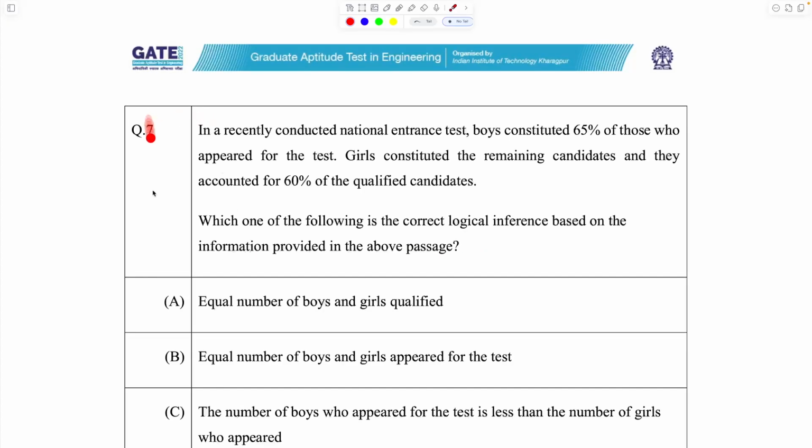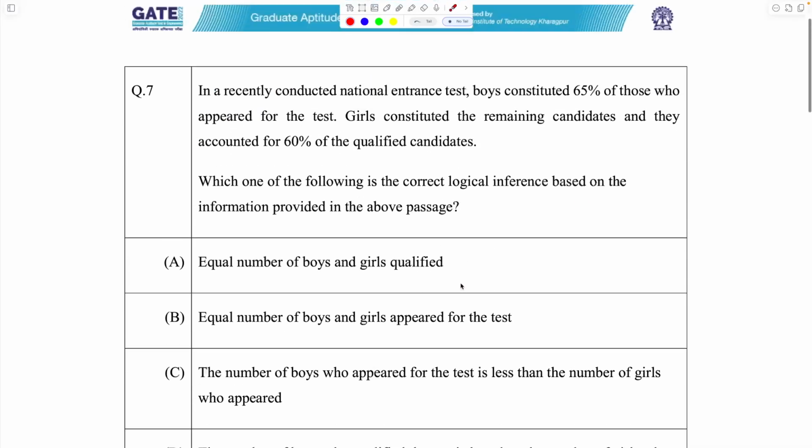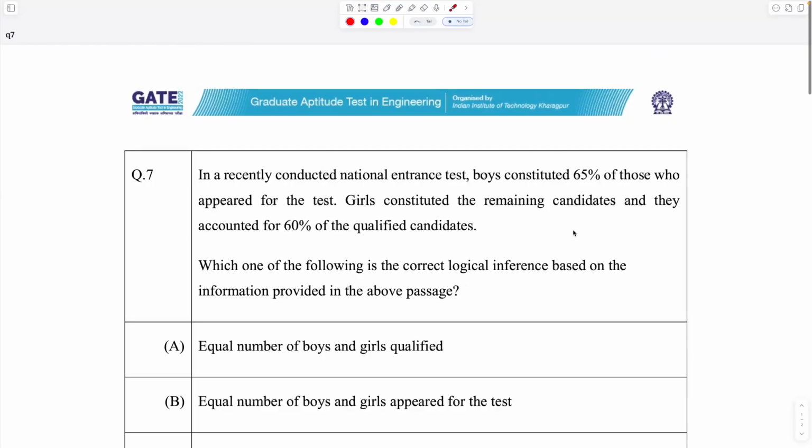So first of all, let's distill out the information provided in this small little passage, and then we will see what kind of inference we can make, right? They have given us information that 65% of the total number of candidates that appeared for the examination were boys.